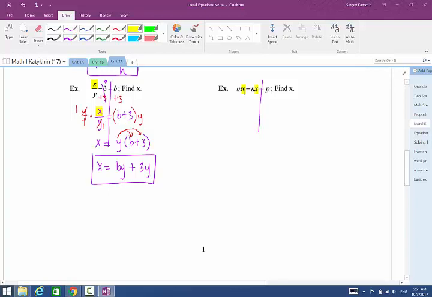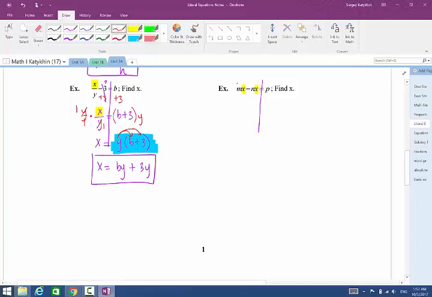Now, if you recall, we just did this step here, where we used the distributive property to distribute the y into b and into 3. And we got by plus 3y. Remember, I can do the same thing by undoing the distributive property. And this is where this comes in.